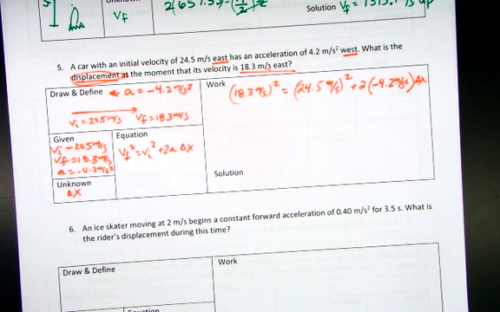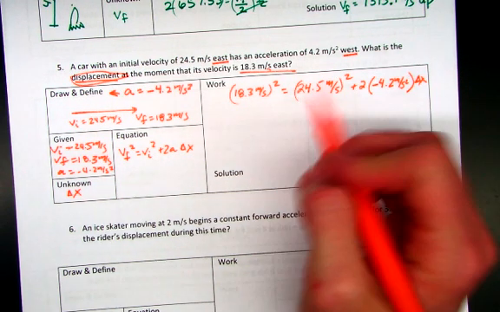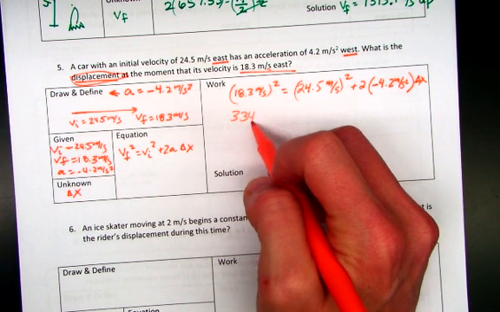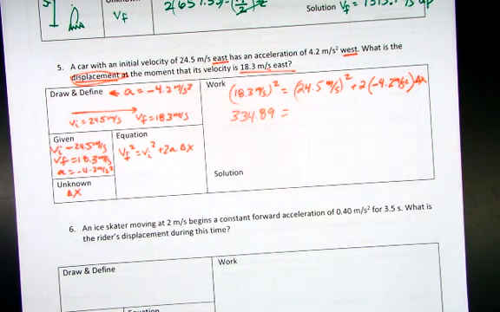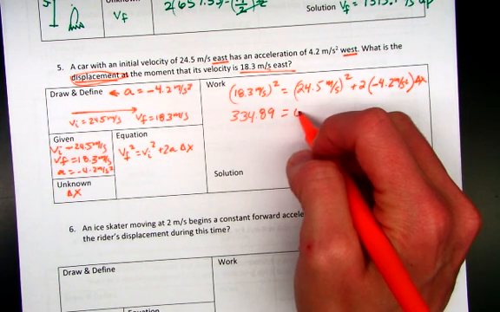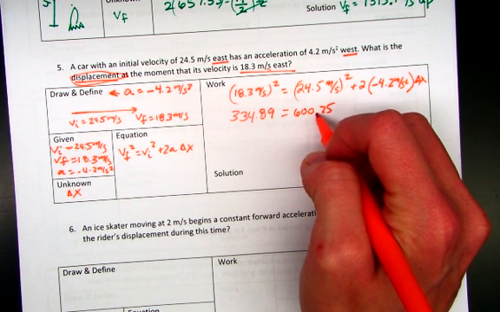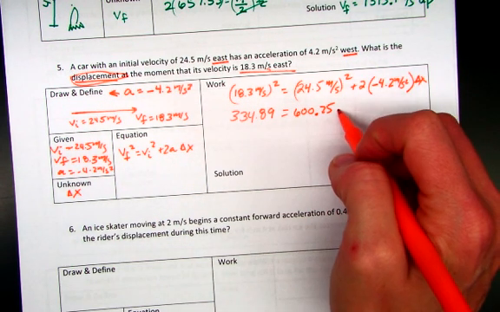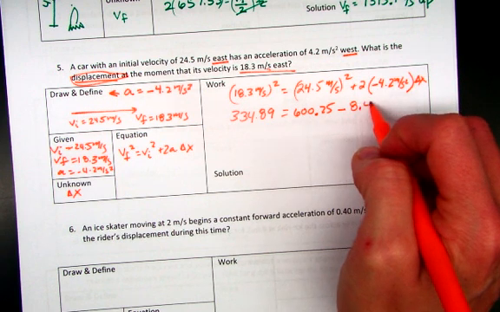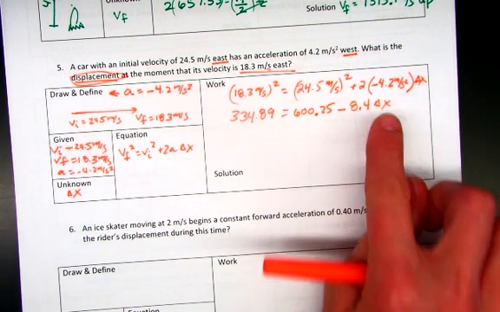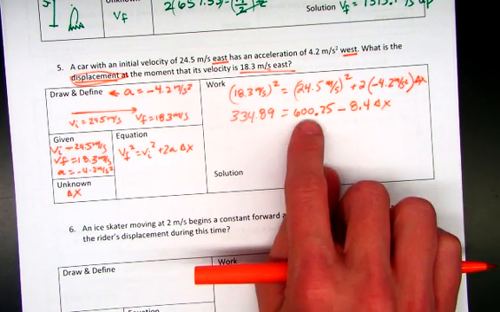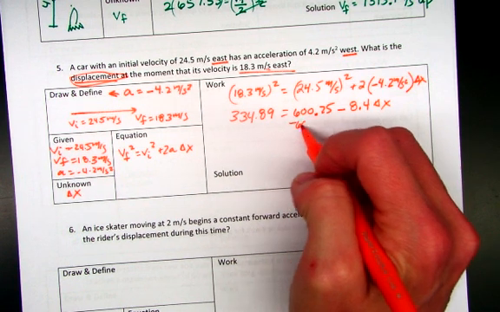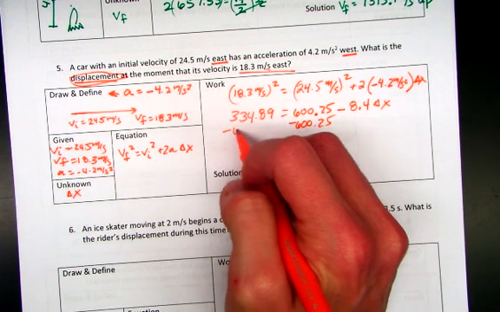So 18.3 squared, we get 334.89. 24.5 squared is 600.25. And then 2 times negative 4.2 is minus 8.4 times delta x. I'm trying to get this delta x by itself, so I'm going to move the 600 by subtracting it from both sides.